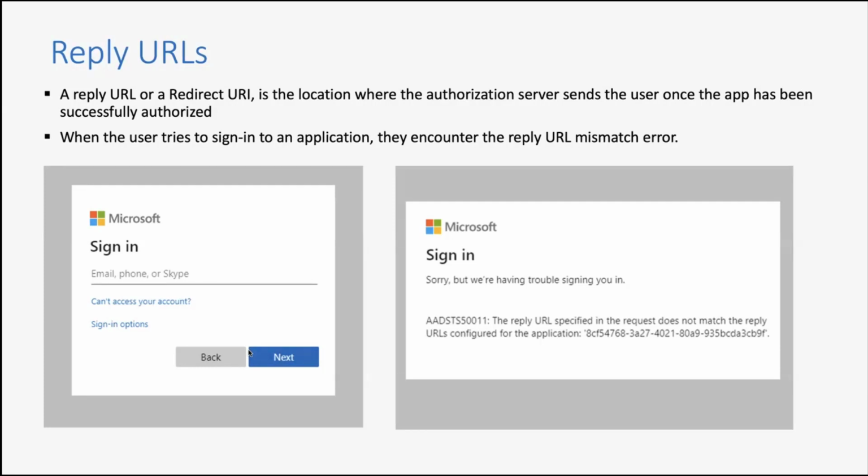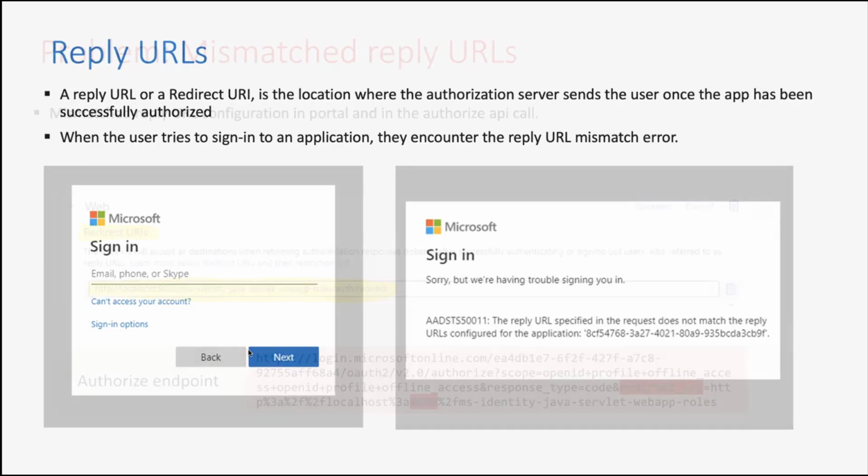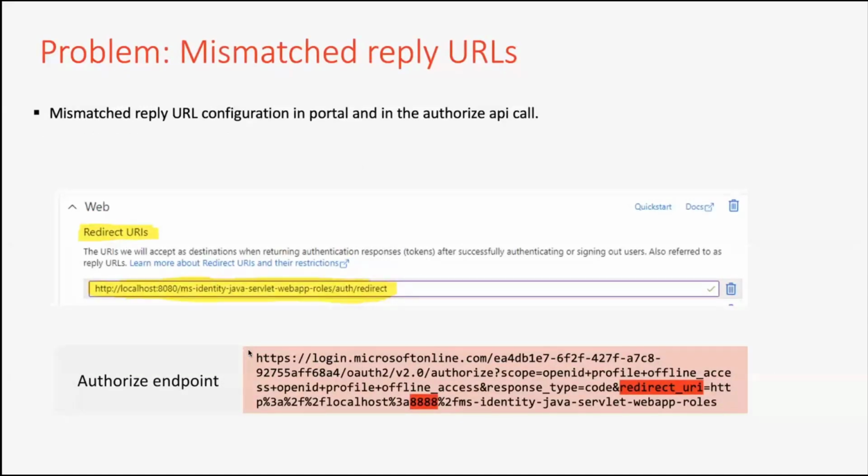So these whitelisted URLs, Azure AD needs to know the list of URLs that are okay to send the token to. The problem happens when sometimes in your request, let's say the authorize endpoint as you see over here, I'm requesting that the token be sent to localhost 8888, whereas the redirect URI is 8080.